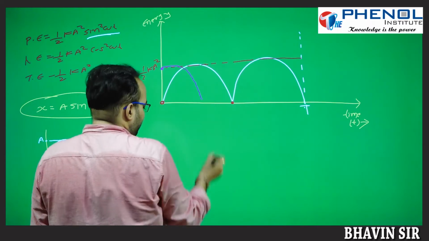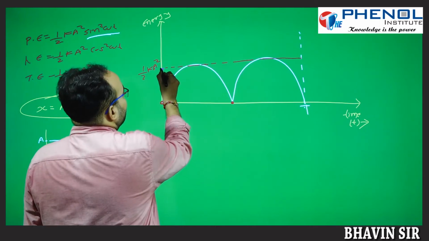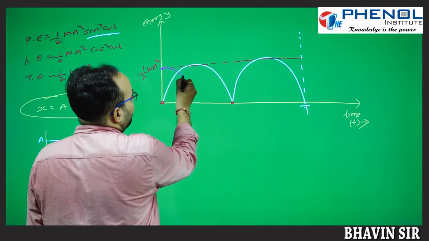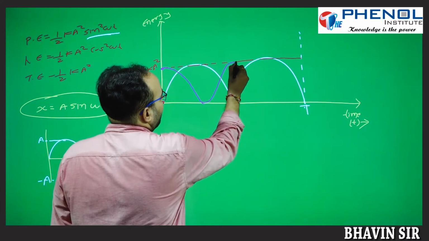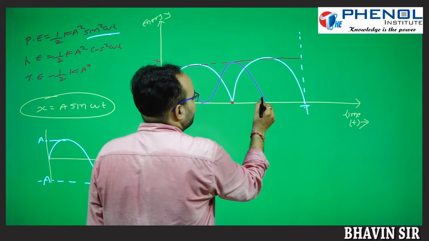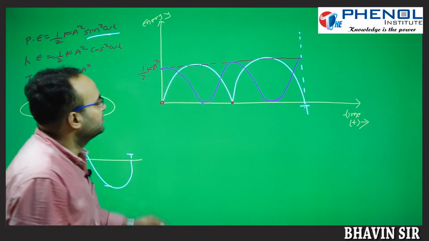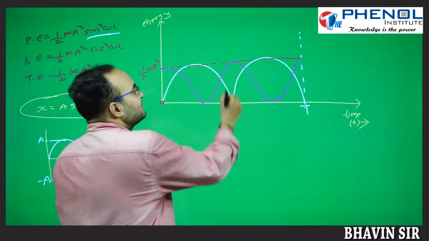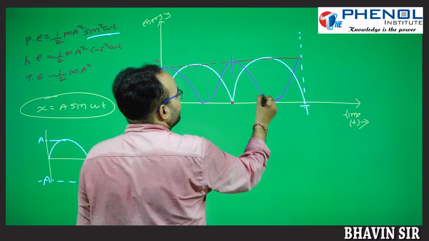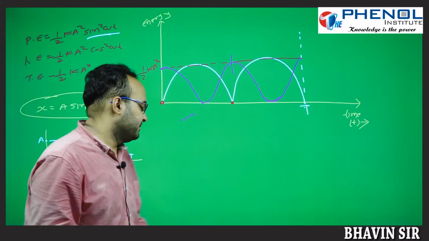Okay, again it does not move in a downward direction. Chalo, so see, it is starting from that. So one cycle, again it starts from the same point. So 2 cycles. So see, it is 1 cycle, it is 2 cycles.